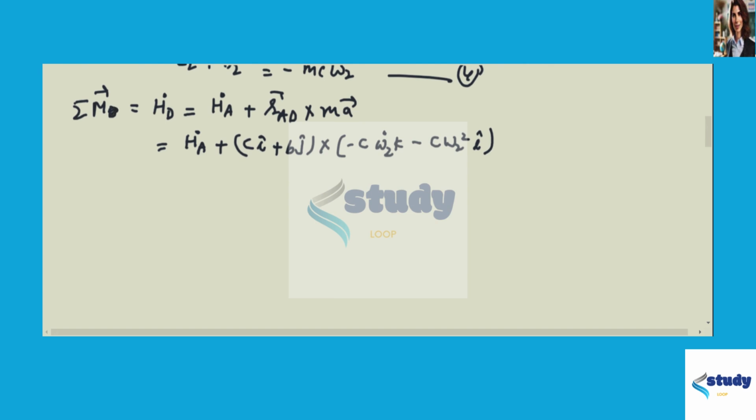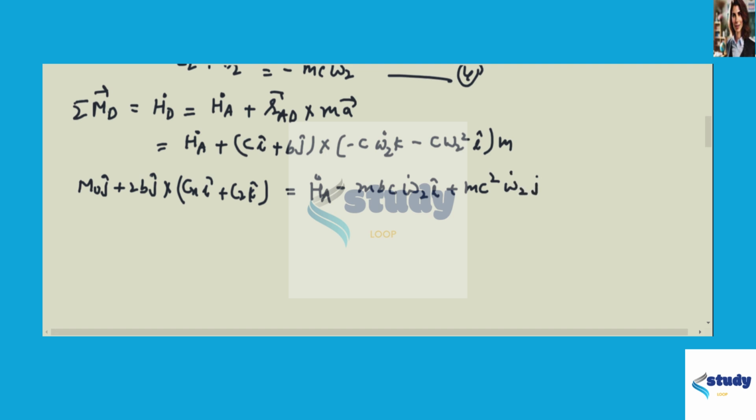So the moment of couple about the D point you may write M o j cap, the rate of change of angular momentum: m b c omega dot 2 i cap plus m c square omega dot 2 j cap plus m b c omega 2 square k cap.